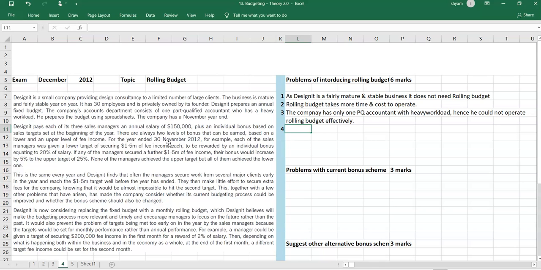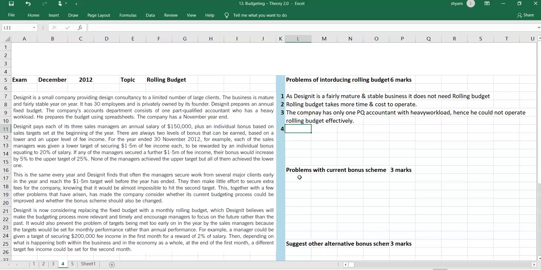For the year ended November 2012, for example, each of the sales managers was given a lower target of securing 1.5 million of fee income and to be rewarded by an individual bonus equating 20% of salary. If any of the managers secured a further 1.5 million of fee income, their bonus would increase by 5% to the upper target level of 25%. None of the managers achieved the upper target, but all of them achieved the lower target.